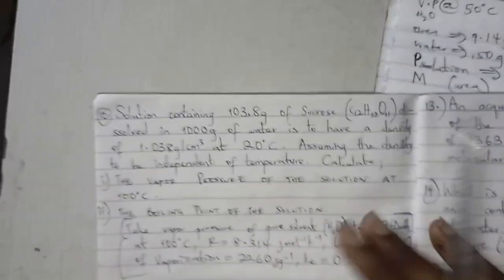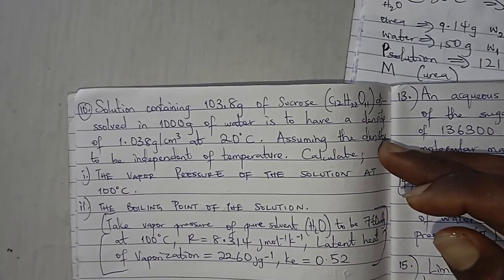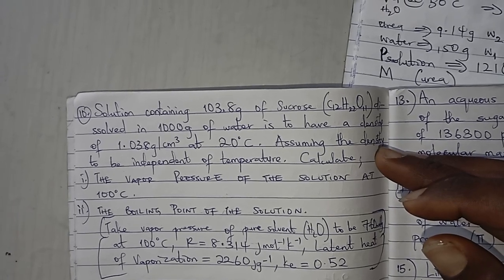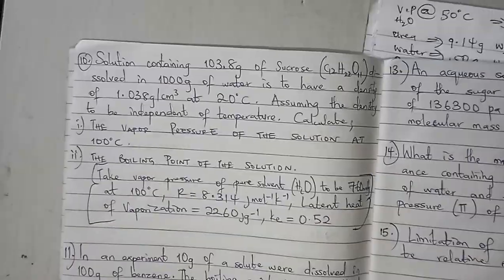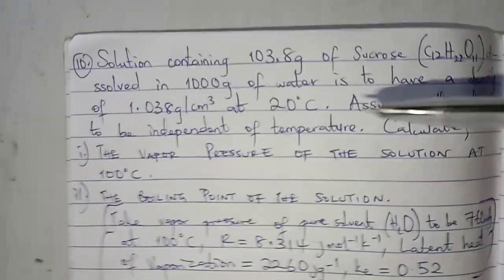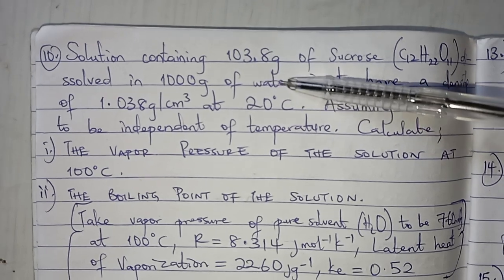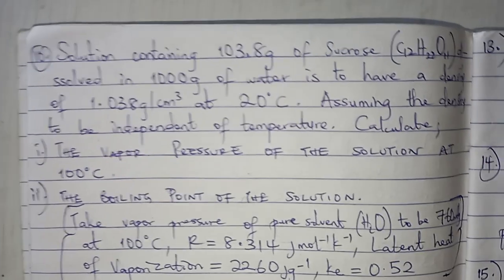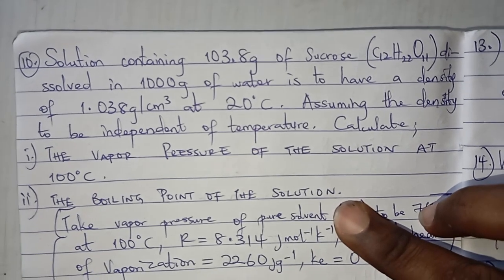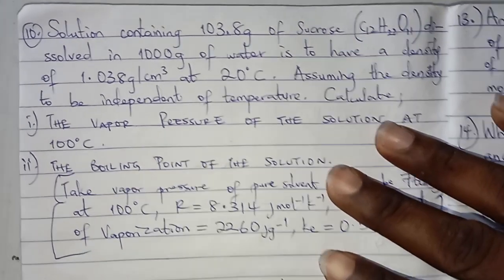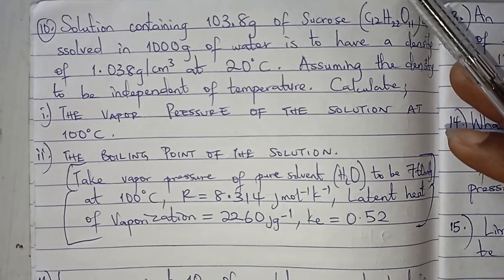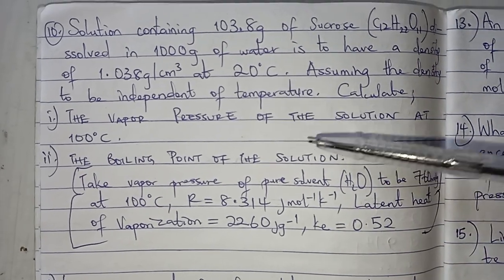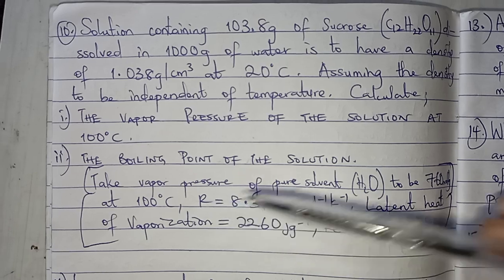Okay, let's go back to solving this question. The next one says a solution containing 103.8 gram of sucrose dissolved in 1000 gram of water is to have a density of 101.038 gram per centimeter cubed at 20 degrees C. Assuming the density to be independent of temperature, calculate the vapor pressure of the solution at 100 degrees C, and the boiling point of the solution.